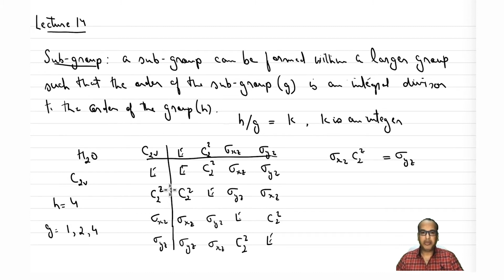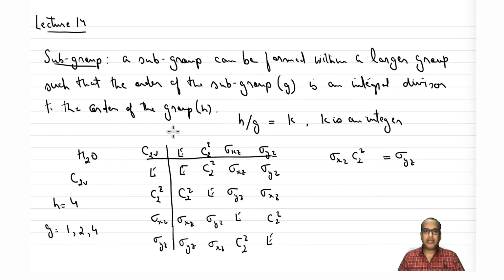If, let's say, you consider g equal to 3, then 4 by 3 would not be an integral divisor, and thus a subgroup of order 3 cannot be formed in this particular case. So a subgroup of order 1 can be formed, and a subgroup of order 2 can be formed, but not necessarily. Okay, so it may or may not be present, but these are the only subgroups which may be present.